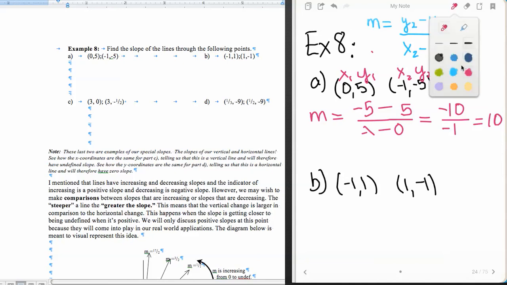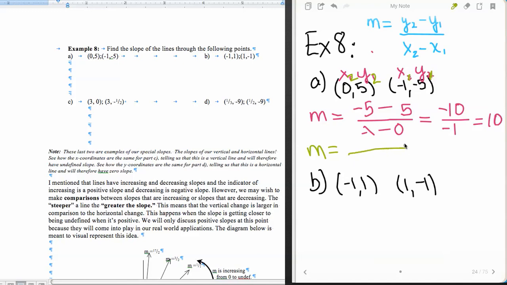Now I want to show you something because I think it's important that you see this at least one time. It wouldn't have mattered if I had chosen this one as x1 and y1, or if I had chosen this one as x2 and y2 and this one as x1 and y1. So let's watch what happens when I do it that way.